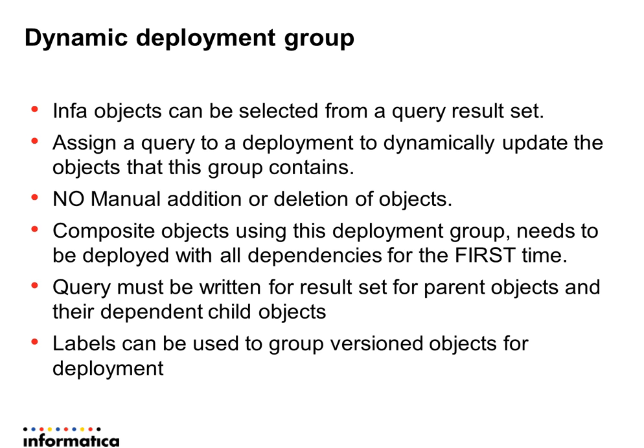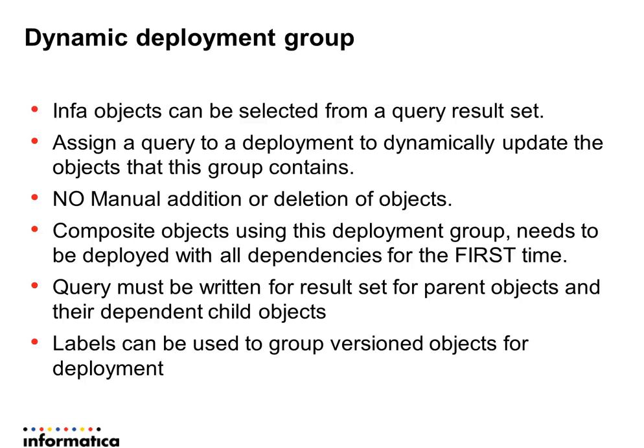Inside a dynamic deployment group, objects can be selected from a query result set. When we define a dynamic deployment group, we need to assign a query to the group which can fetch objects to participate in the deployment.